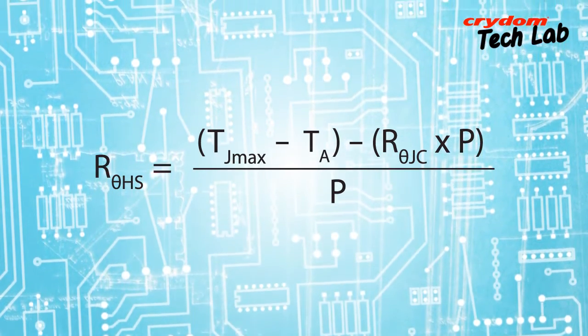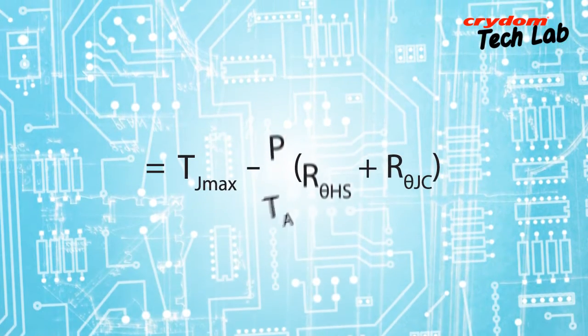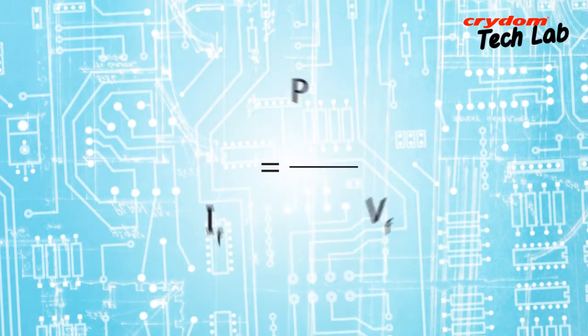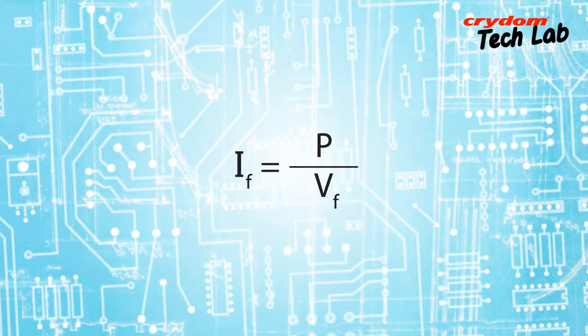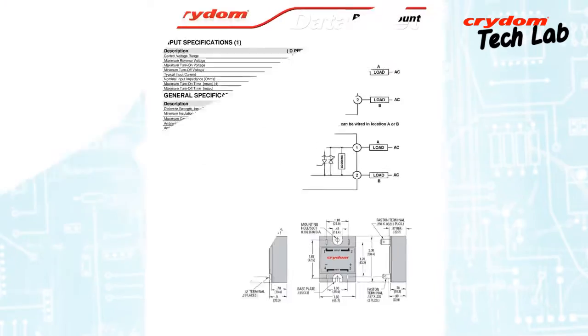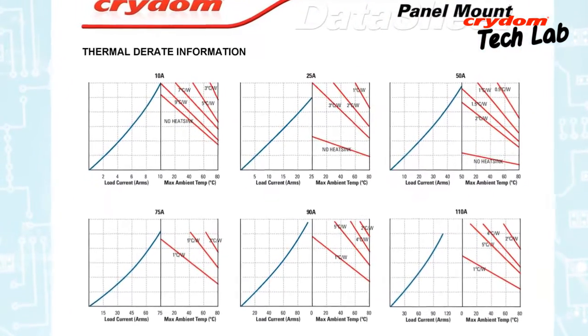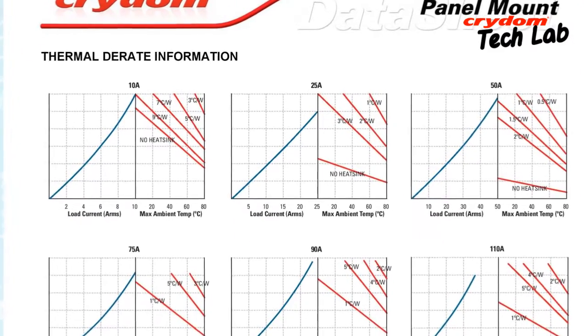This formula can also be manipulated to solve for ambient temperature or power, and thereby the maximum allowed load current for those conditions.